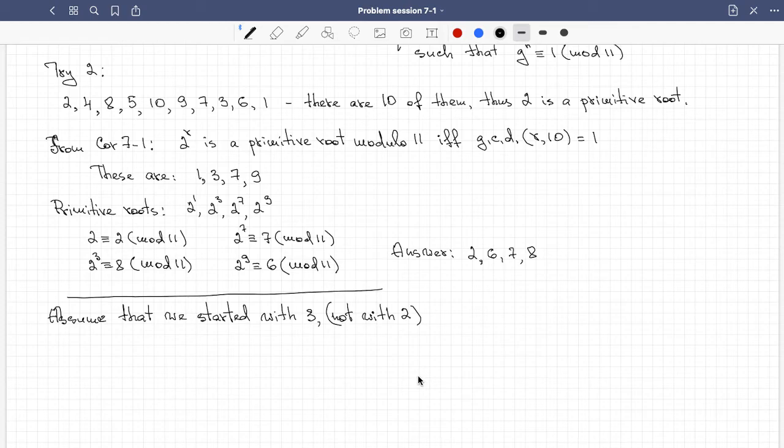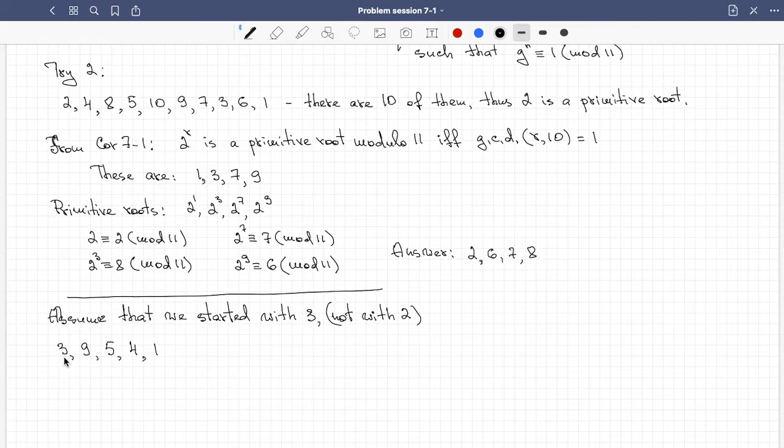We took 3 instead of 2 and tried to find out whether it is or it is not a primitive root. 3, 9, 3 by 3, 9. 9 times 3, 27, modulo 11, 5. 5 times 3, 15, modulo 11, 4. 4 times 3, 12, modulo 11, 1, and after that, the cycle repeats itself.